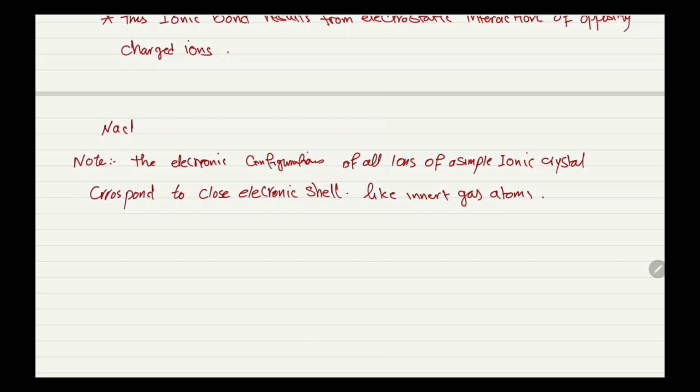In lithium fluoride, the electronic configurations of neutral atoms are, for lithium, 1s2, 2s, and for fluorine, 1s2, 2s2, 2p5.